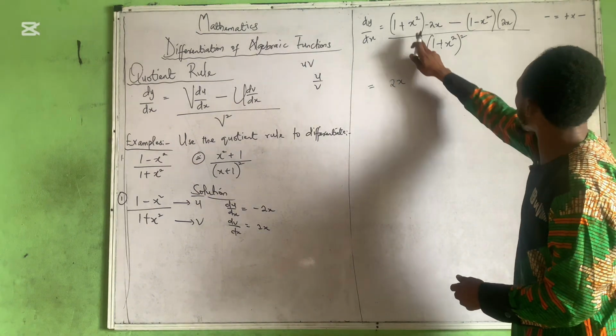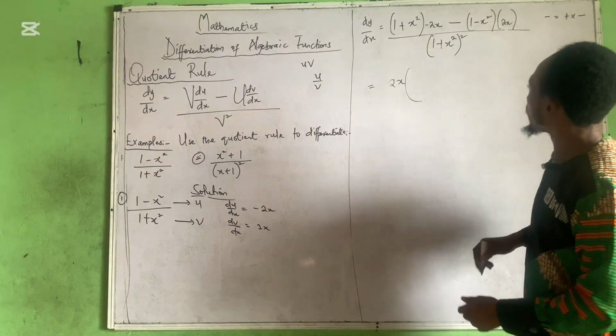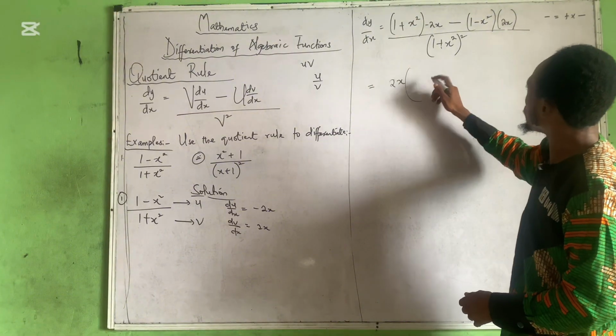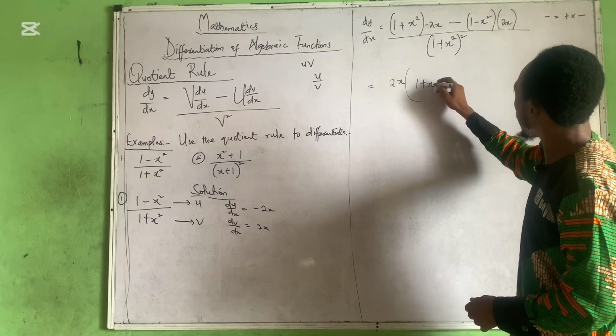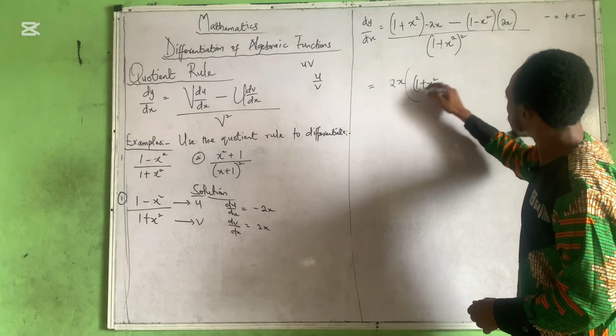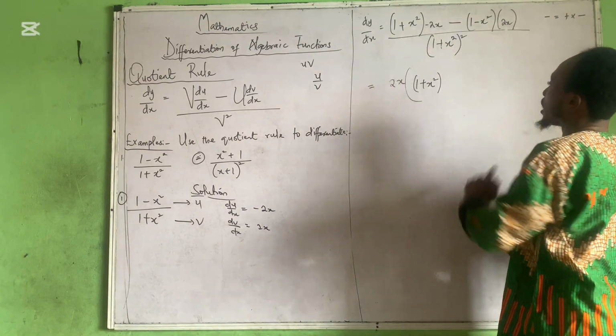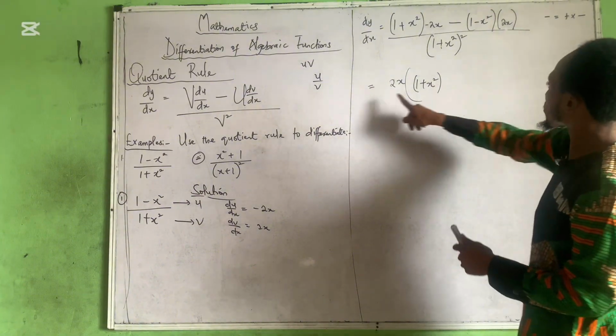When plus 2x is common on both sides, what is remaining? 1 plus x squared is remaining here. And don't forget that there is still one minus here, because we said plus is common.